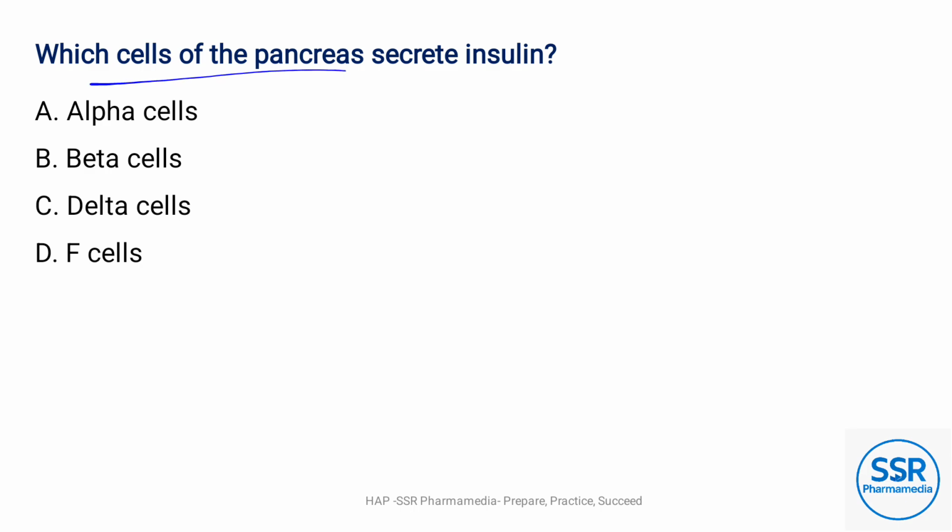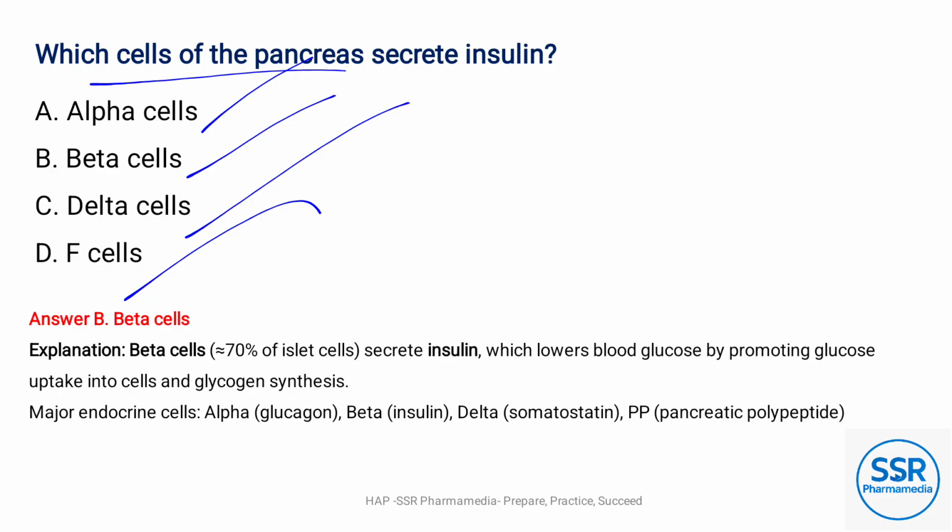Which cells of the pancreas secrete insulin? Option A, alpha cells. Option B, beta cells. Option C, delta cells. Option D, F cells. So the answer is option B, beta cells. Beta cells, containing 70% of islet cells, secrete insulin, which lowers blood glucose, promoting glucose uptake into cells and glycogen synthesis.